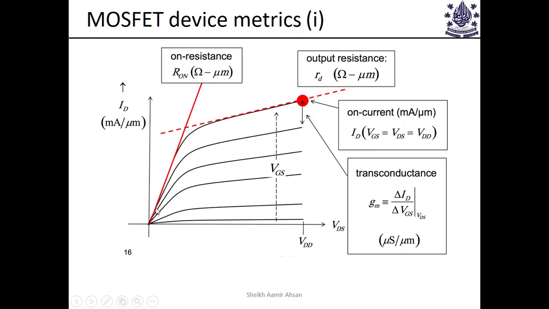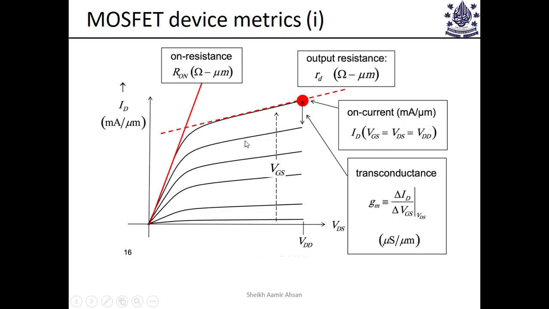We can see that this region is linear, okay, and we observe that this behaves like a resistor, and the slope of this one should give us a finite value of resistance. This is called the on resistance. Note that it corresponds to the highest applied gate voltage curve. And the slope of this in the linear region gives us the on resistance.